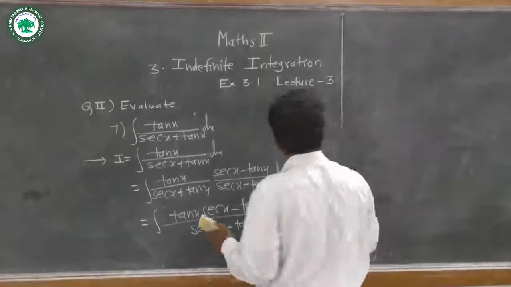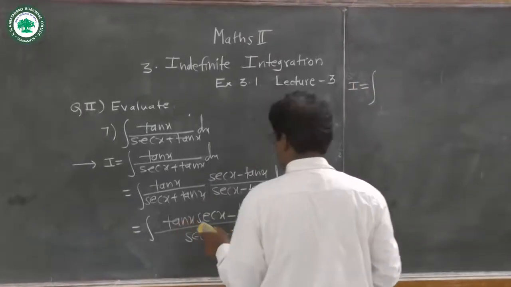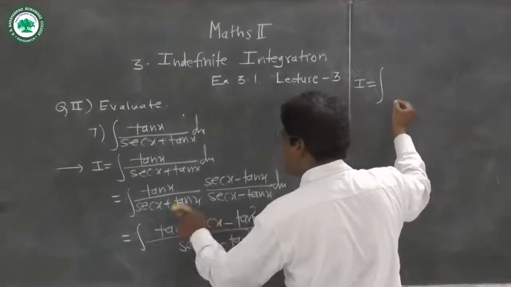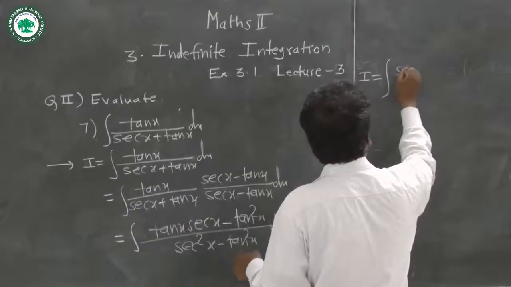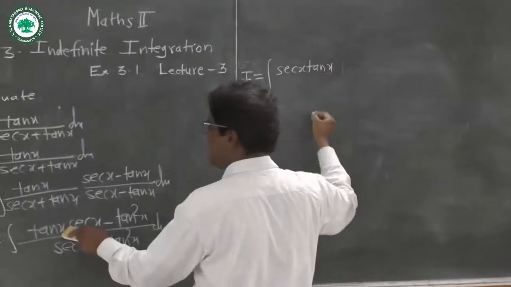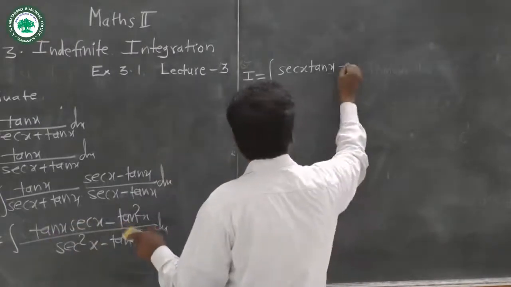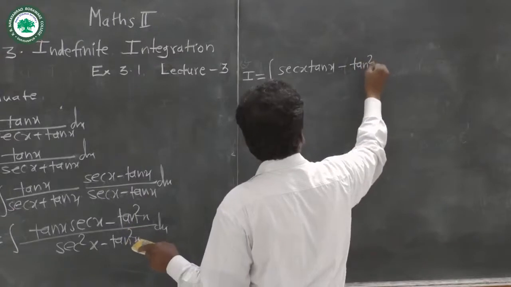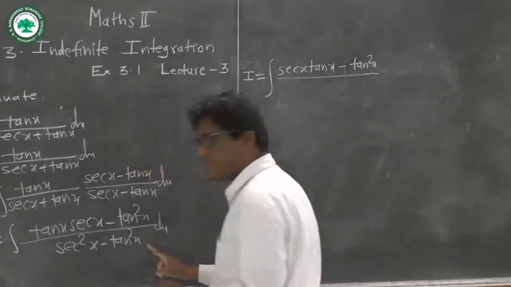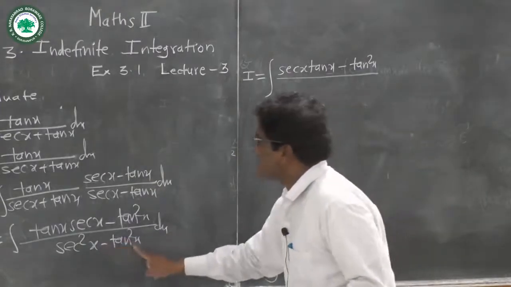So I is equal to integration of numerator as it is, that is sec x into tan x, because it is in multiplication, minus tan square x divided by, now see here, what is sec square x minus tan square x?